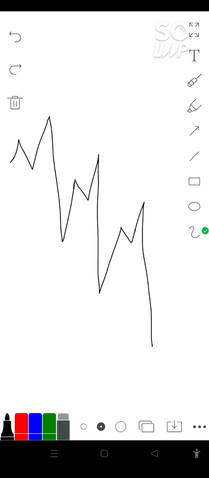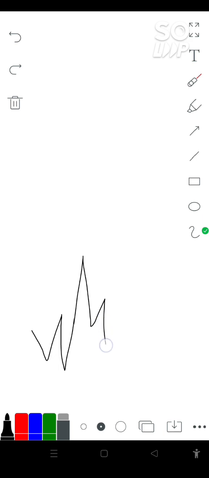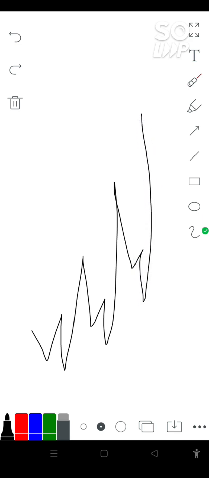This is how I view market structure for a sell trend. Now for a buy trend, we have this low formed, then the low taken out, movement up, retracement, liquidity grab, movement up, retracement, liquidity grab, and continuation. This is how I view a buy trend.